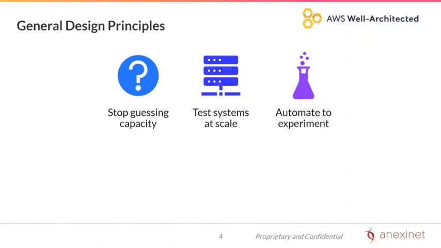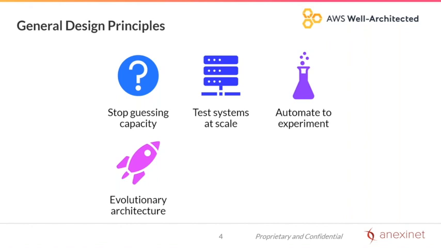That frees up time for you to experiment with new services and new features that exist within the public cloud. I think we all know that AWS basically every week has new announcements of services or service enhancements. Trying to keep up with that is very difficult. You need that extra time to experiment.